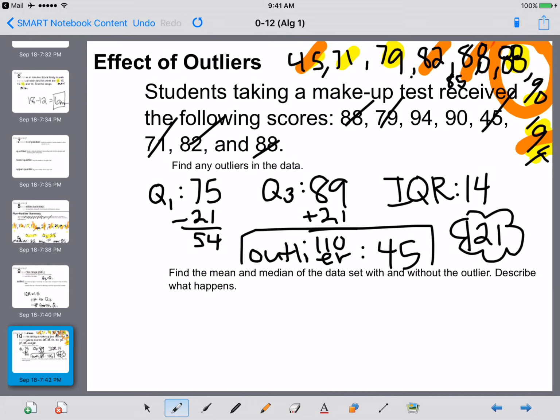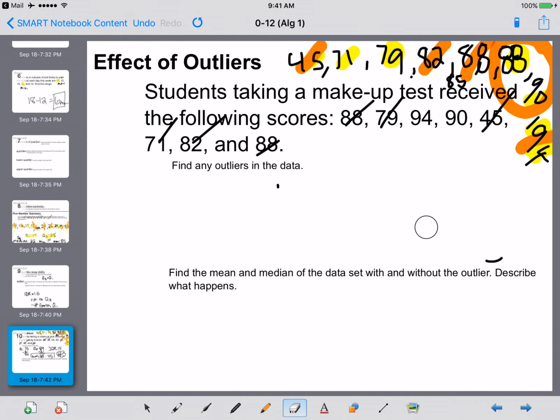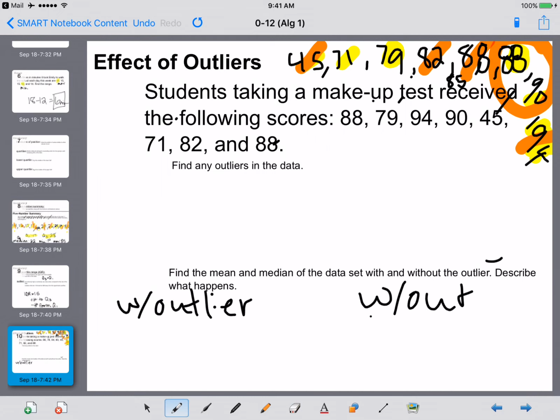Now it wants us to find the mean and median of the data set with and without the outlier and describe what happens. So I'm going to erase a lot of our mess up here so we have some room to work. I'm going to keep my numbers in order up there though. So with outlier and without. So we know our median here was 85.